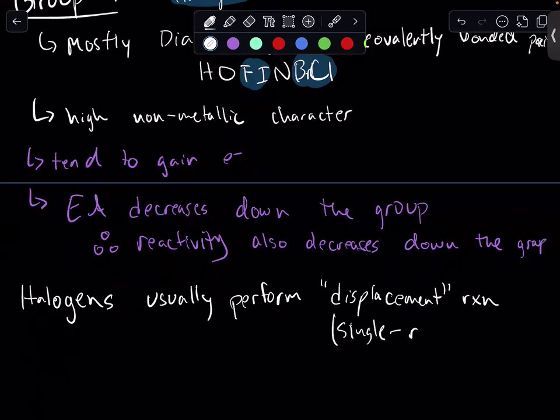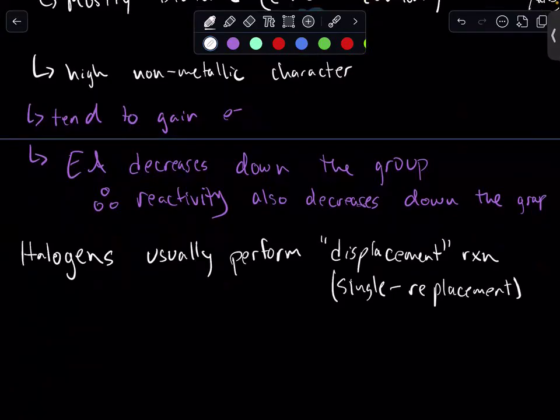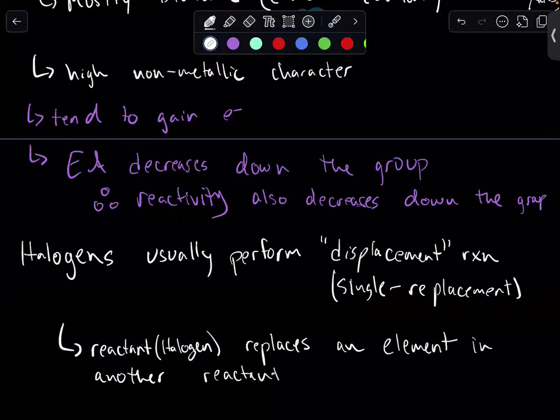Single replacement is usually what's taught in BC curriculum, AP curriculum. It's generally the early term when you are just swapping it. So that's basically where a reactant, specifically the halogen, replaces an element in another reactant. So we'll go over an example.